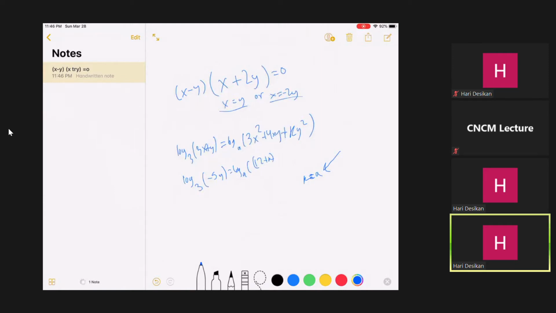Is this 12 plus k? No, it's 7 plus k. 7 plus ky squared.